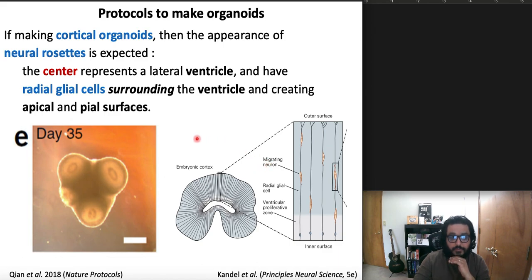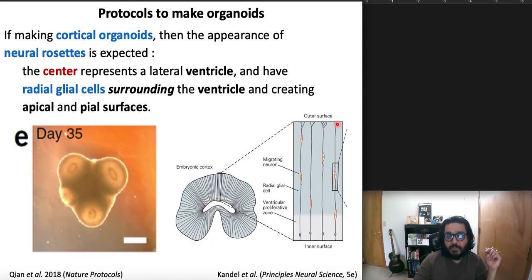So if you remember the lectures on cortical development, we had this ventricle here. We had the radial glial cells that surrounded that, and they had these scaffolding processes that extended from one surface to the other, where the layer around the ventricle is referred to as the apical layer, right? And the other side, where they extend to, is called the pial layer.